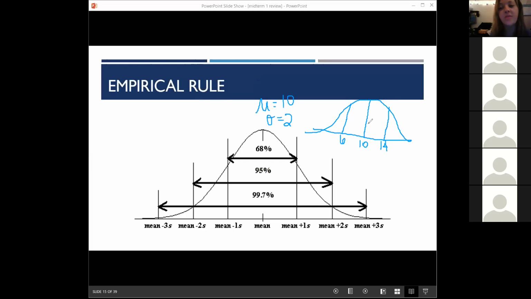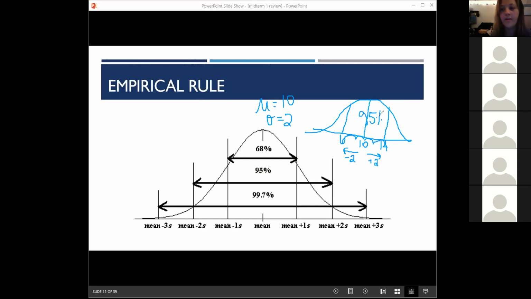So if I drew this, what I could decide is that this is 95% of my data because it's plus or minus 2 standard deviations. So 2 standard deviations down from 10 would be 2, 4, so it would be 6. And then 2 standard deviations up would be 2, 4, 14.